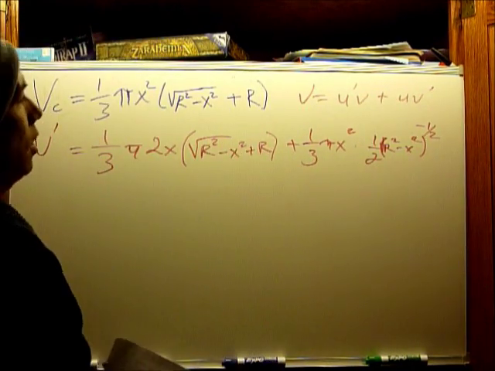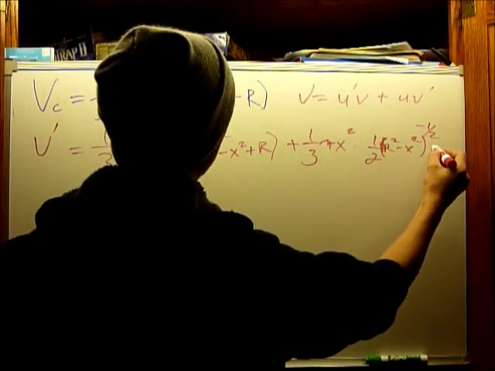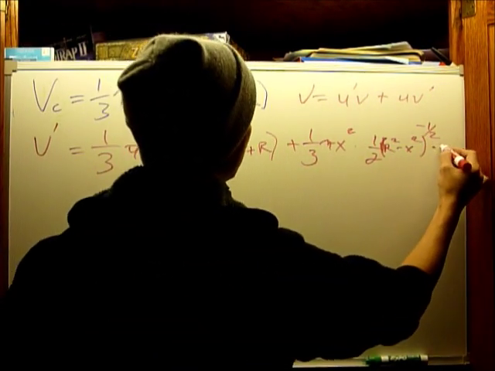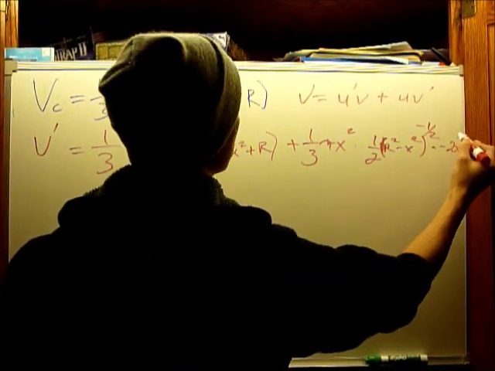Your r is a constant, so it's going to be 0 times the inside of the square root, which is minus 2x.